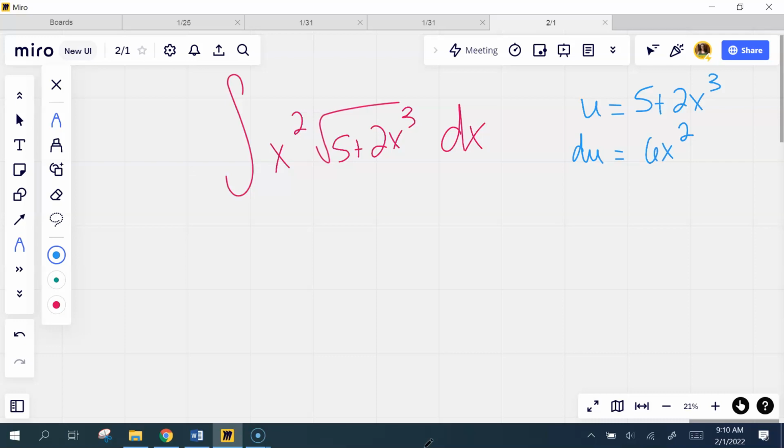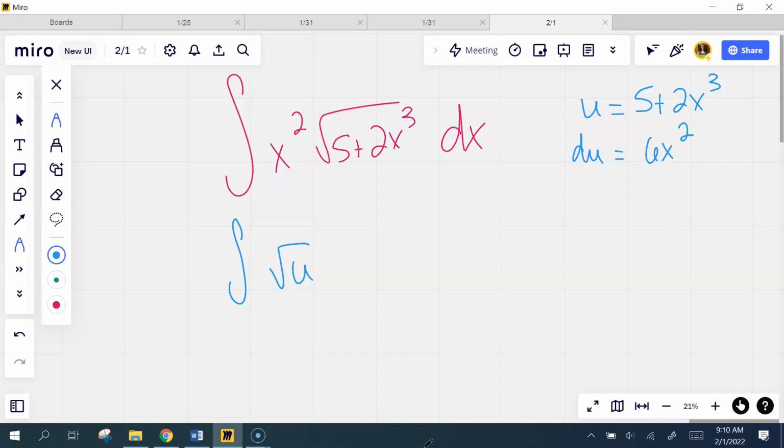I'm fixing to make it just slightly more confusing, so stay with me. The more we do, the easier it gets; this is hard when you first see it, but once you get into the groove of it, it'll be a little easier. Remember I told you I need du inside, right? I can add values in there as long as I stay balanced. So would you agree this is the square root of u, but it's not quite du.